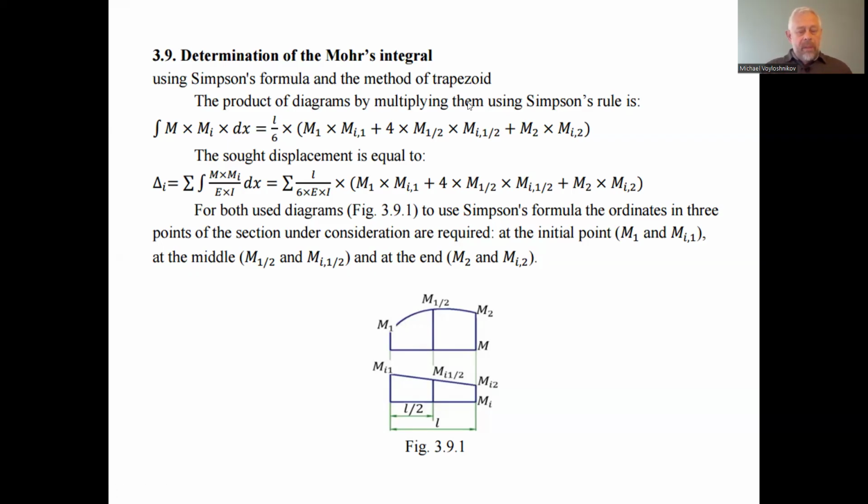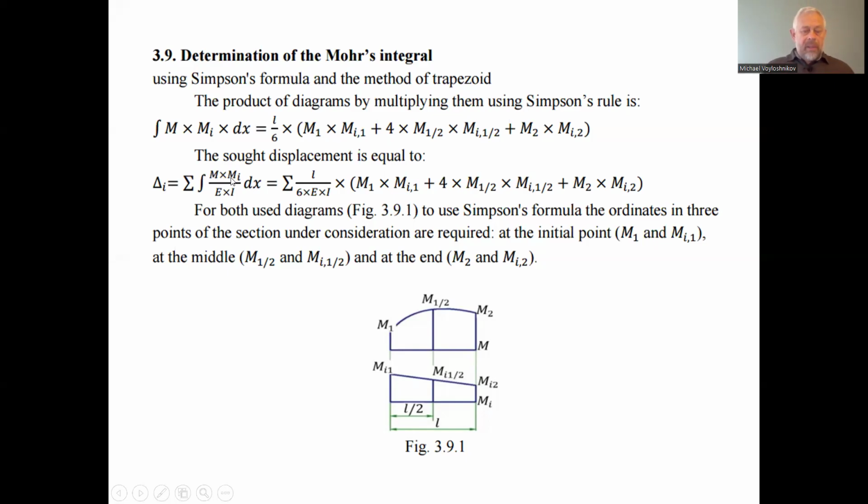These two diagrams in the numerator of the integrand: the first one is the diagram of the bending moment, and they are considered for each one element of the mechanical system. The bending moment of the external force.